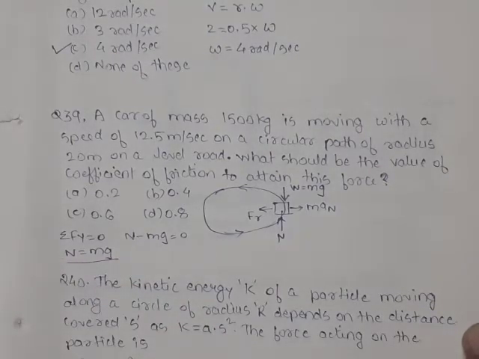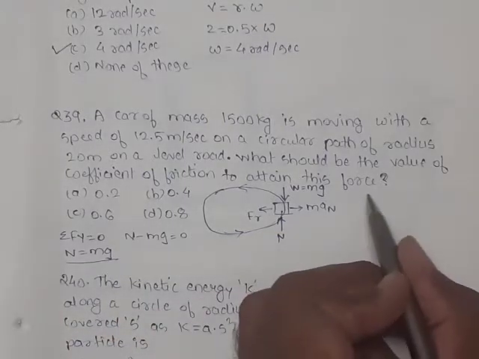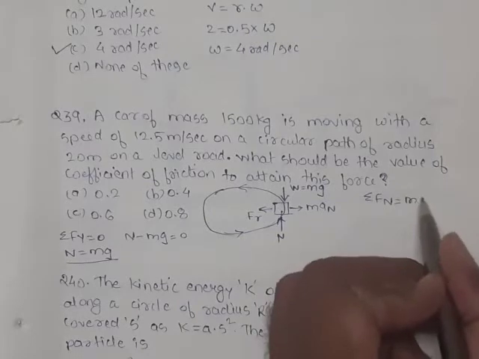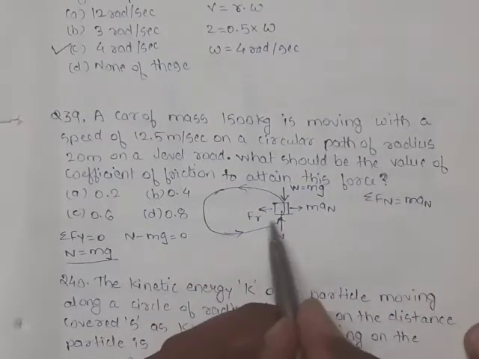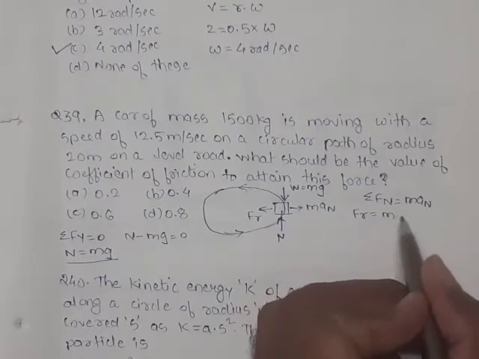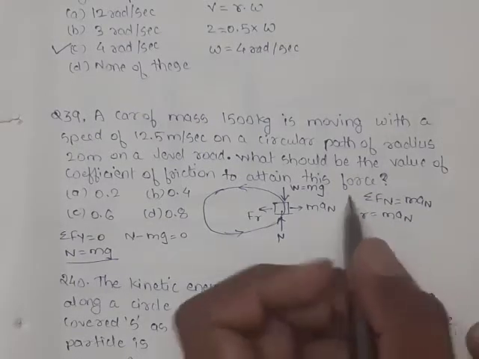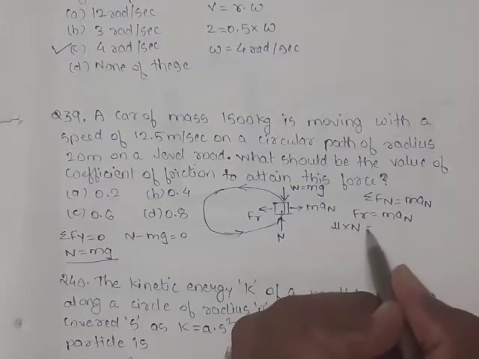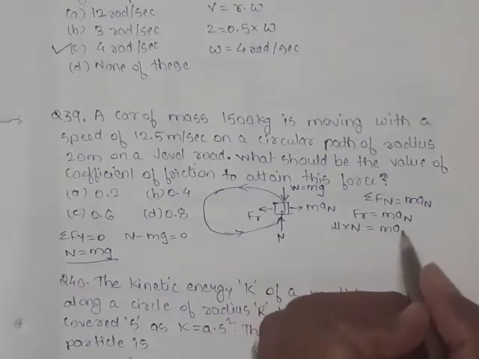Now we are familiar that by Newton's second law, summation Fn equals m·an. What is the force along the normal direction? There is only one force, the friction force. Fr equals m·an. What is the formula for friction force? Mu into normal reaction is equal to m·an.